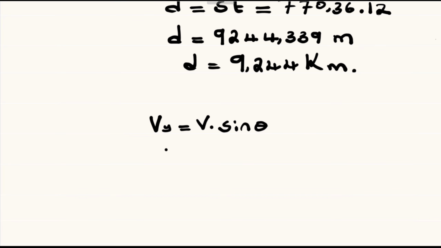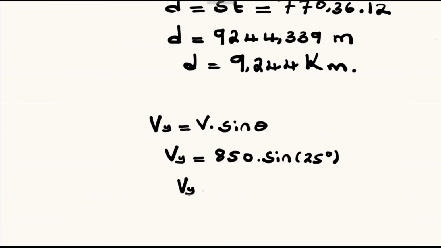So Vy will be equal to 850 multiplied by the sine of 25 degrees, and the velocity y component will be equal to 359,23 meters per second.